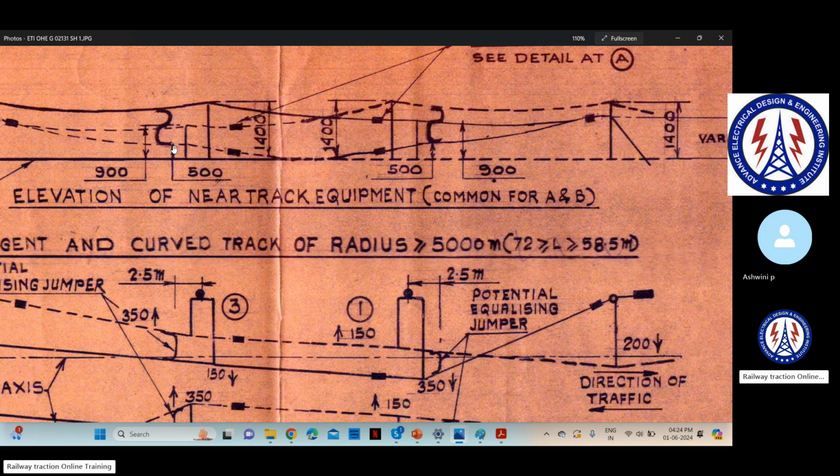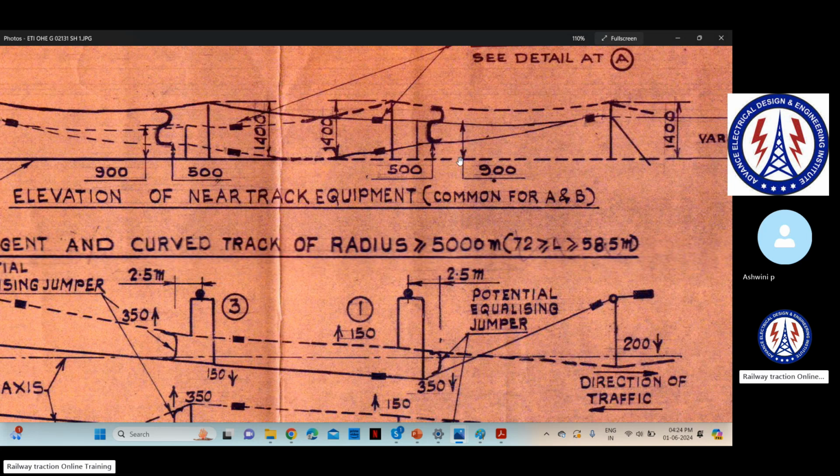Are you getting my point? Yes. And then 900 mm, which wire is raised 900 mm? 900 mm is the catenary wire for this raised wire, but it is always measured from the contact level. That is making it 900 mm, or else it is 400 mm. From this contact wire, it is 400 mm.